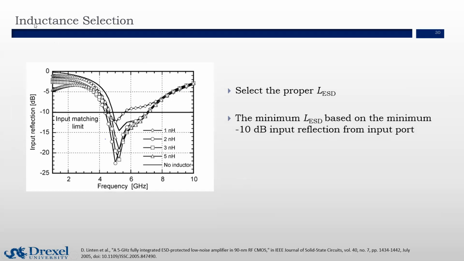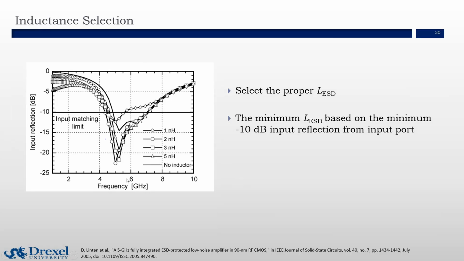Now let's take a look at the inductance selection. The input reflection is also one important metric in RFIC. For example, if we want input reflection to be smaller than -10 dB, then we can draw a horizontal line in the graph. We also want to determine our operating frequency.